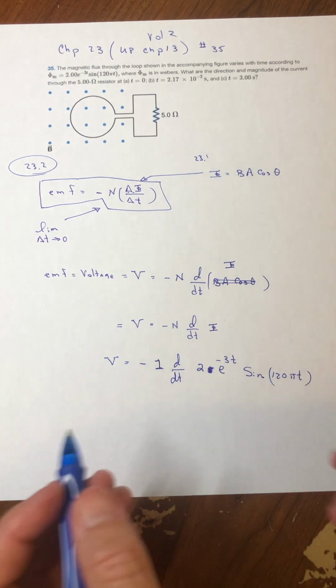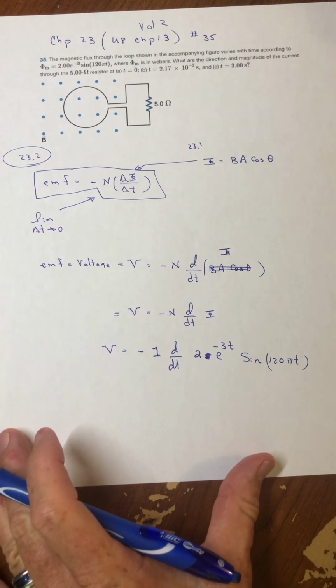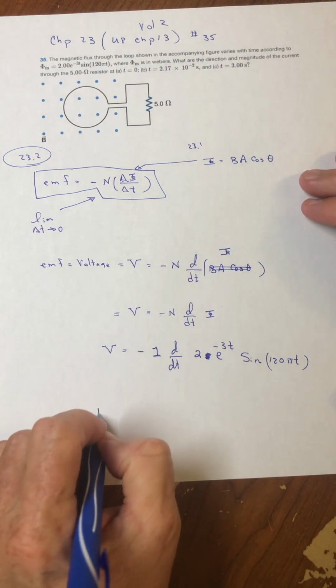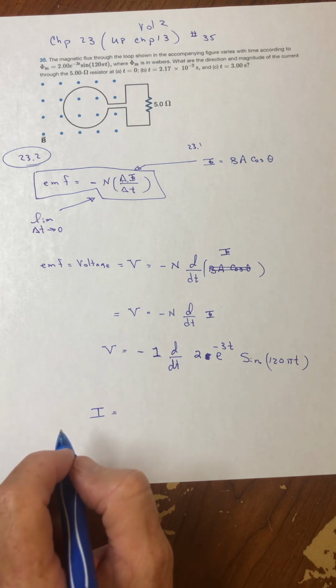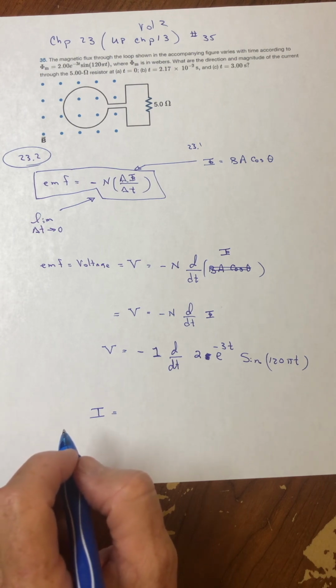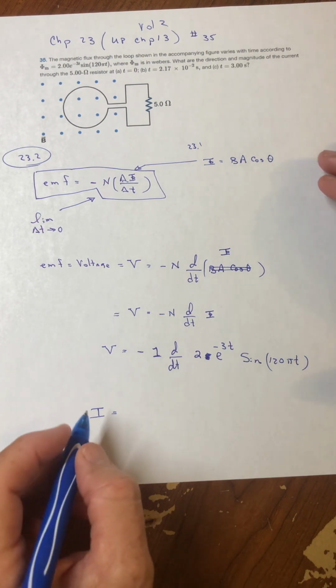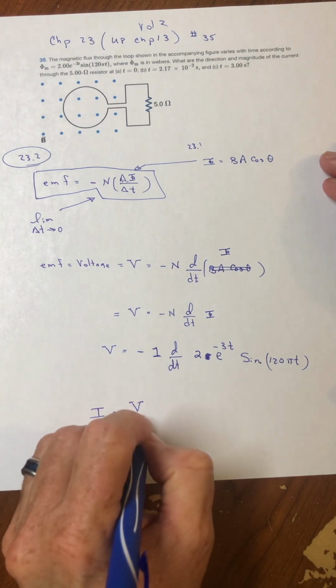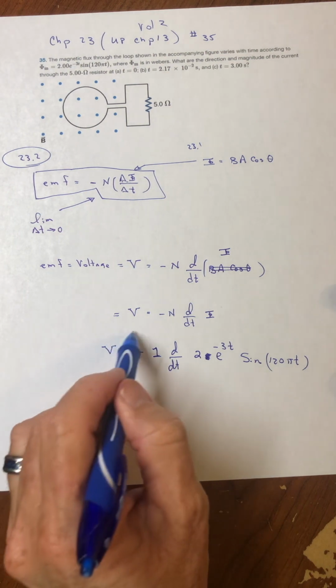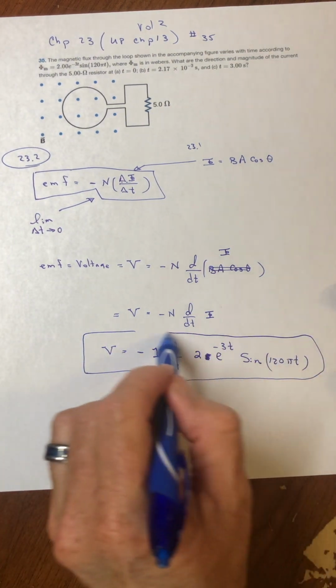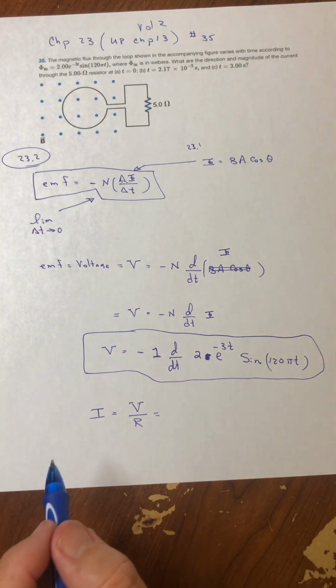Before I do the derivative, let me point out that Ohm's law, which we learned two or three chapters ago, says take the voltage and divide it by the resistance. So this is the voltage, the new stuff in this chapter, Faraday's law.